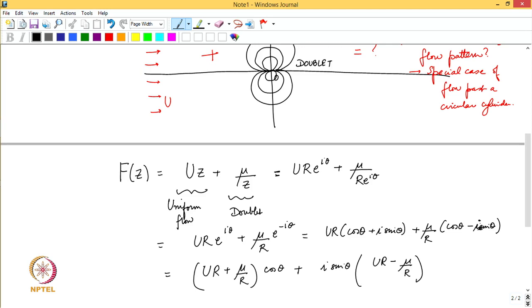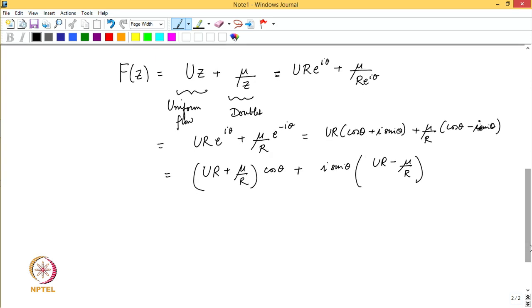I hope that so far this is very routine stuff for you now. This is the sum of the velocity potential plus i times the stream function.